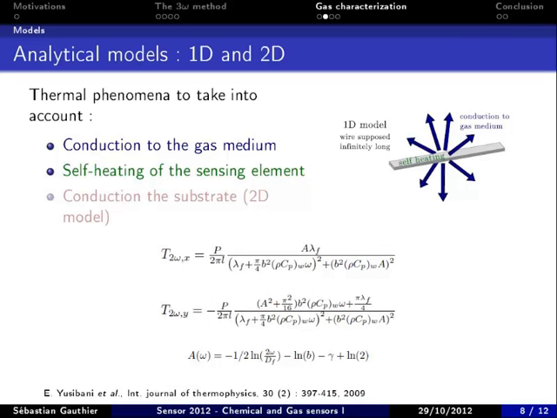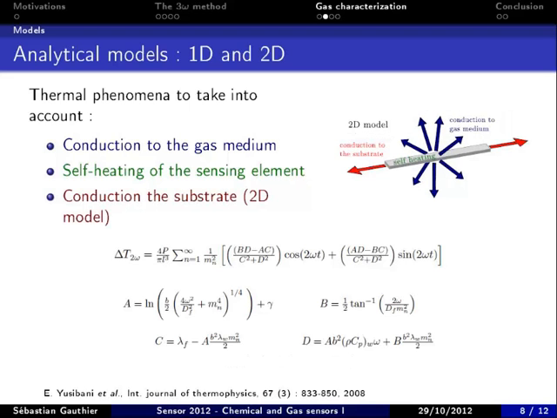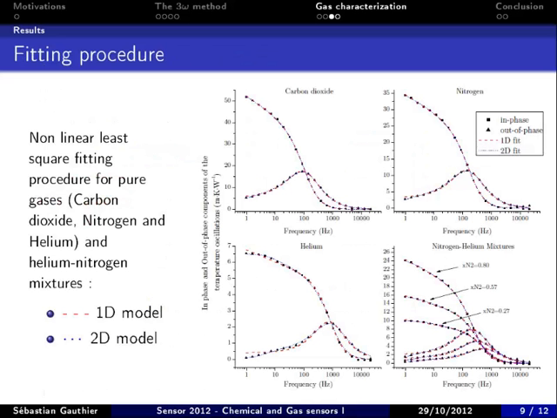But we also have to take into account, since gas media are less conductive than solids, the self-heating in the sensing element. So that leads to a 1D model, and we could also take into account the conduction to the substrate, so the thermal conductivity of the wire itself.